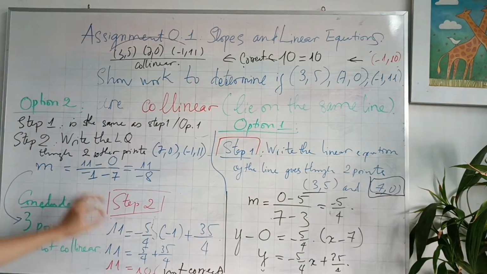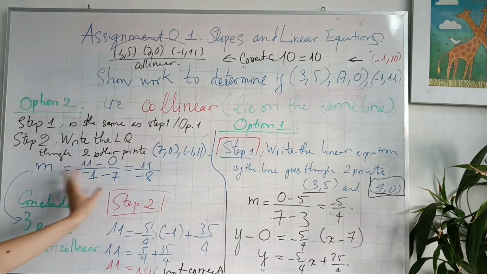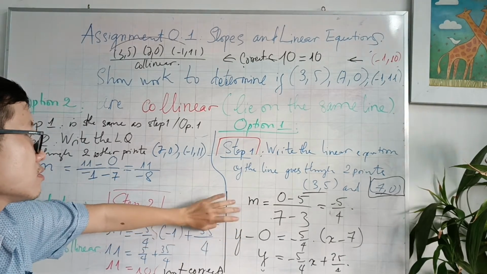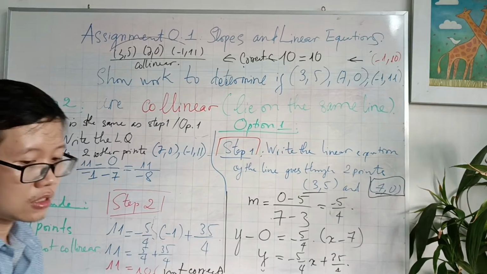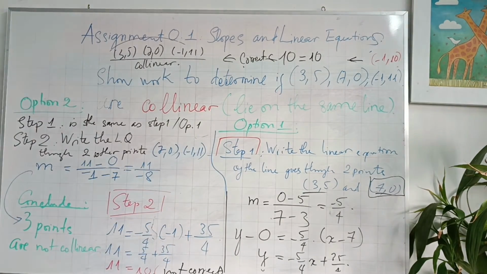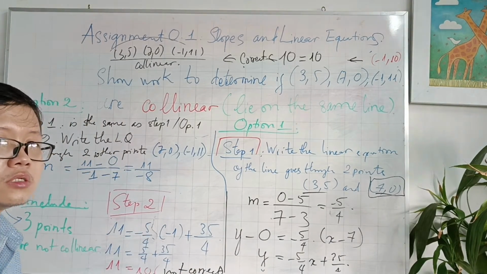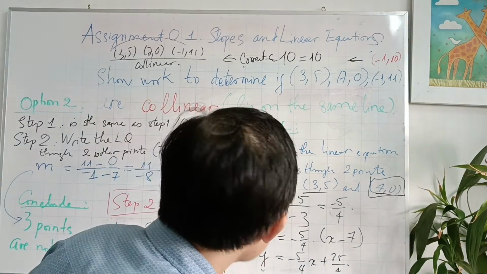So the slopes of the 2 lines are not equal, so we can conclude 3 points are not collinear. Yeah, these are the 2 options to do this exercise.